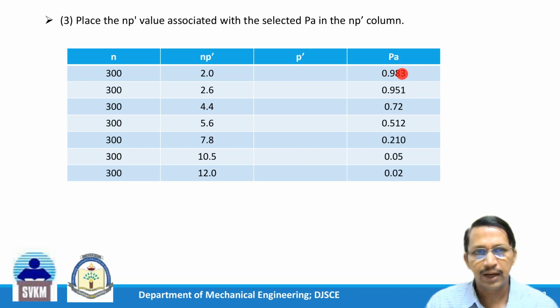The value is 0.983. So we will modify this first value. We will keep here 0.983 and the corresponding NP dash value is 2 from the table. Same way we will find out the remaining values for NP dash from the table under the column of 5, because here acceptance number is 5, and we will note this down here.